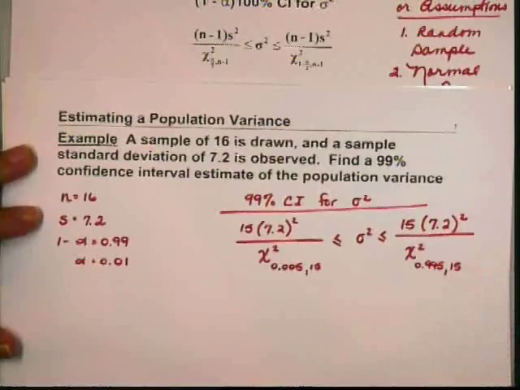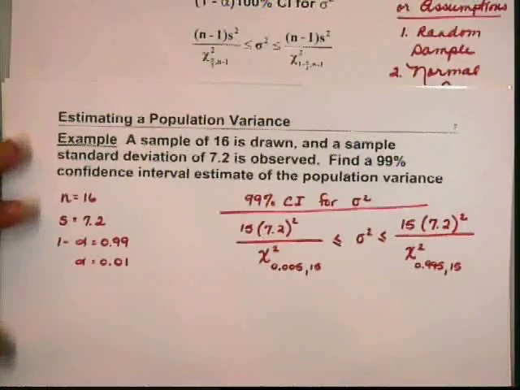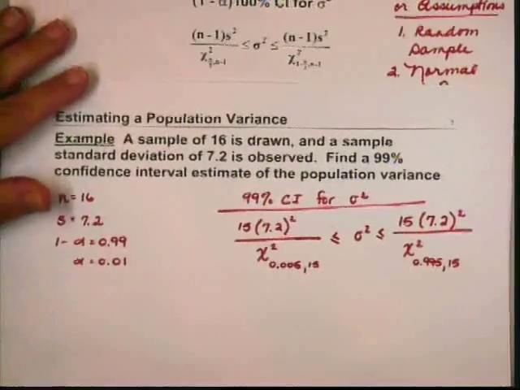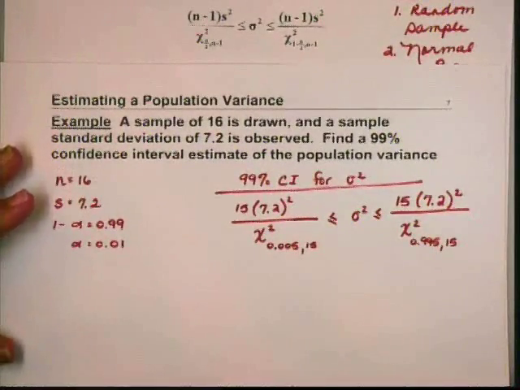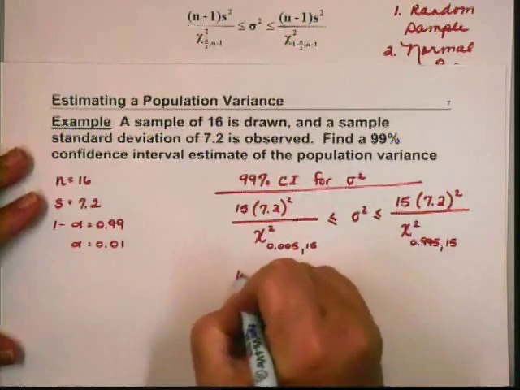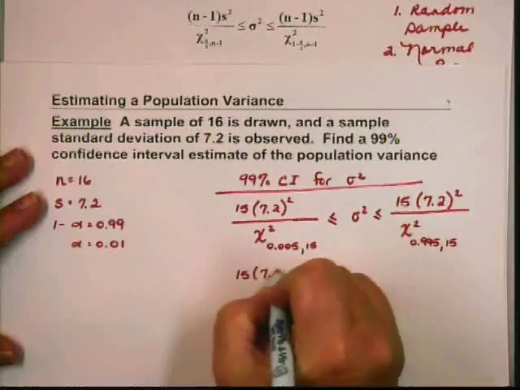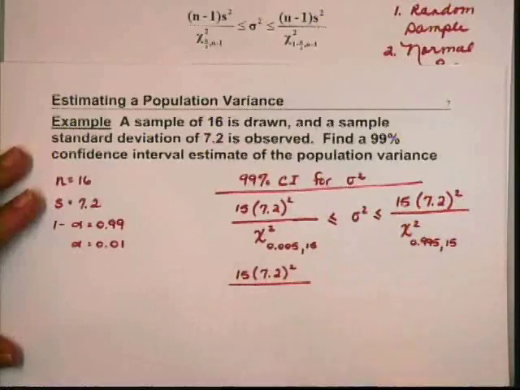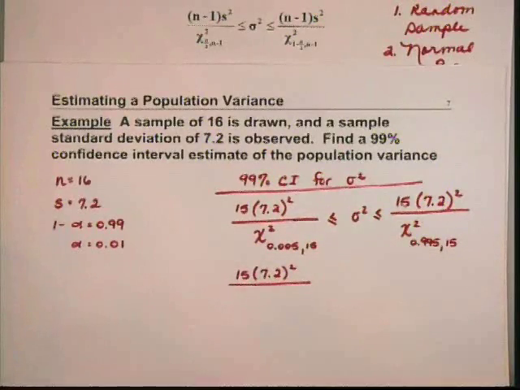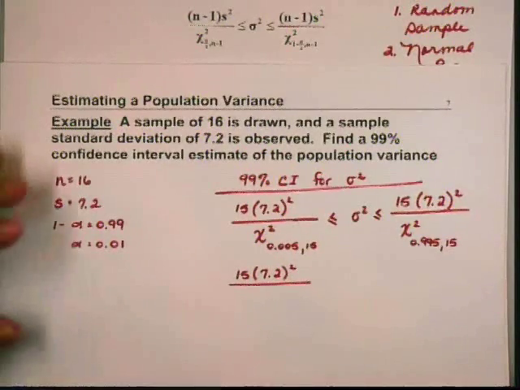So we need to go to our chi-square table in our textbook, look up those critical values. Those numerators stay the same. On the left, what do you get in the row for 15 degrees of freedom, in the 0.005 column? I have 32.801.